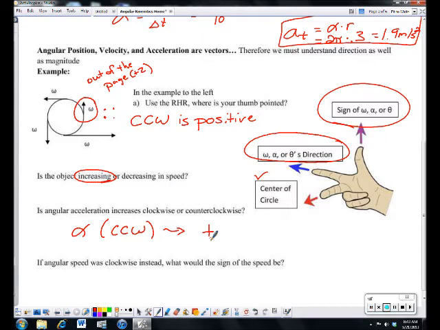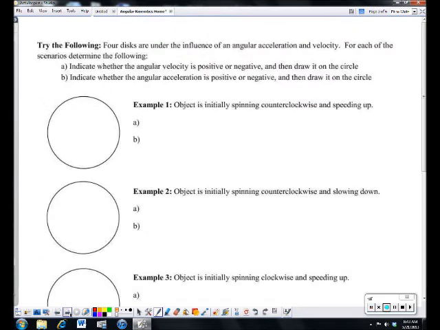When your velocity and acceleration are in the same direction, they're the same sign. Counterclockwise is positive. Clockwise, then, is negative. If you don't believe me, point your fingers the other way, turn your W around, and see where your thumb is pointed. It'll be pointed into the page, which is negative z, which is negative values.